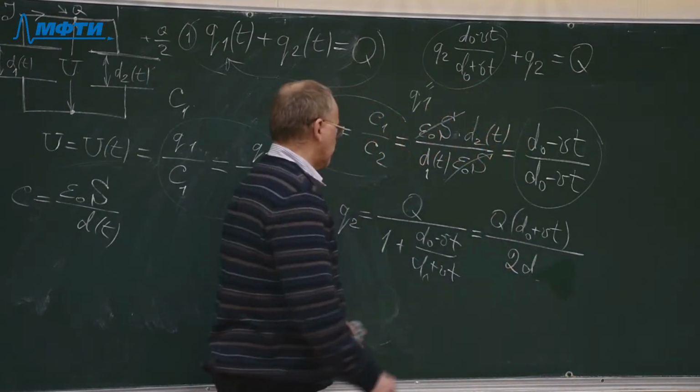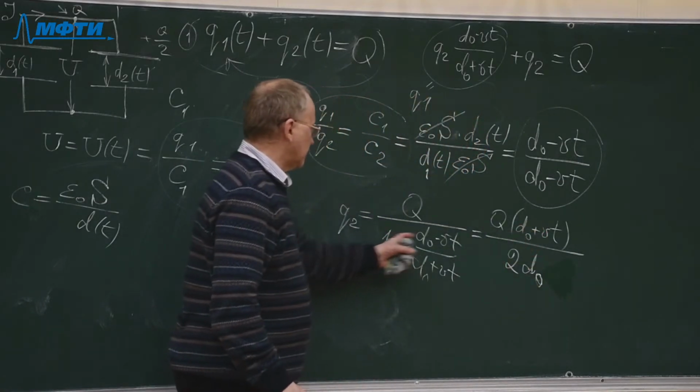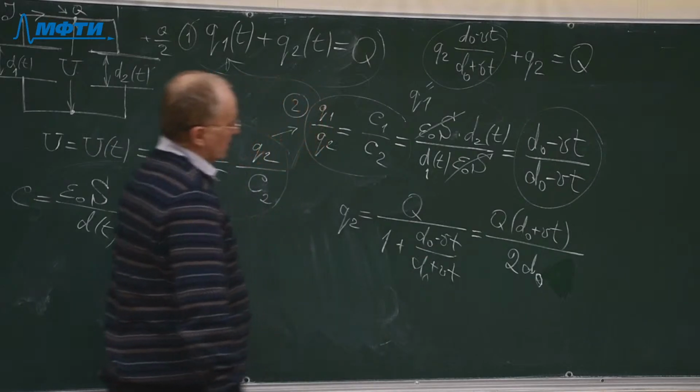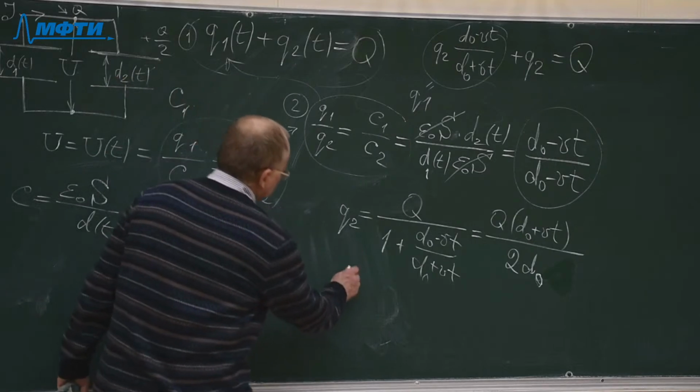There will be no vt here, just 2 d0 in the denominator. Plus vt and minus vt, they will cancel.